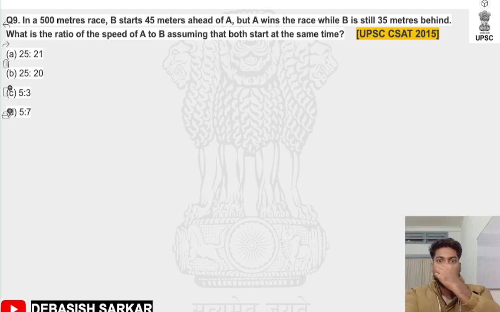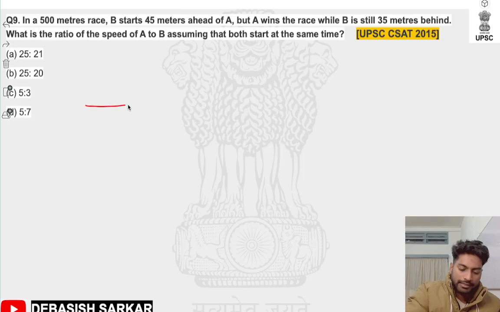Okay, it's a nice question. In a 500 meter race, B starts 45 meters ahead of A. देखो, suppose this is a track of 500 meters. A is here and B started 45 meters ahead.